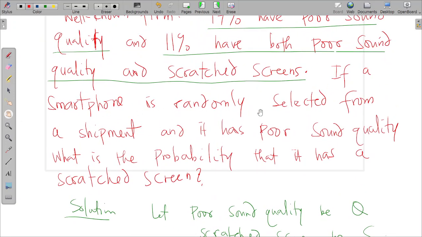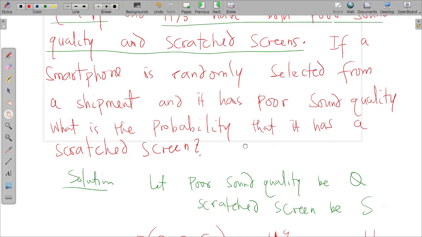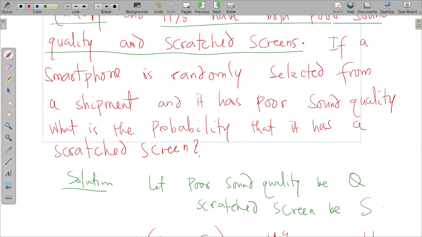Now, if a smartphone is randomly selected from a shipment and it has poor sound quality, what is the probability that it has a scratch screen? Now, we want to find the probability that it has a scratch screen. That means you must be able to know what is given.